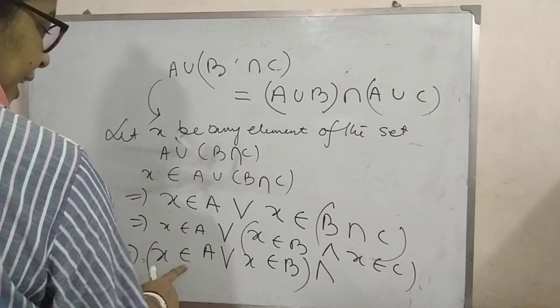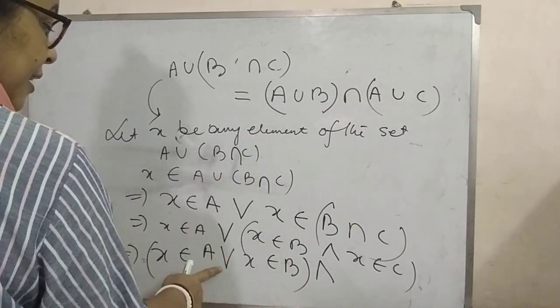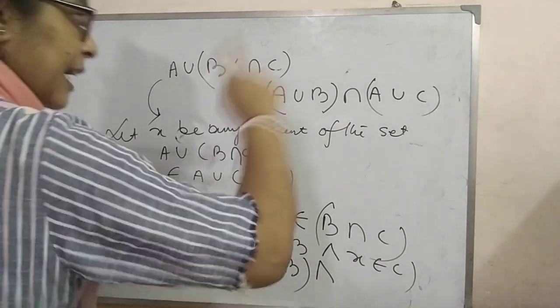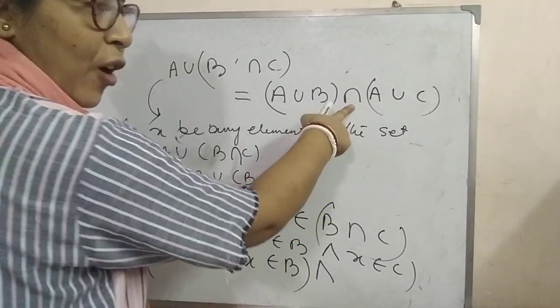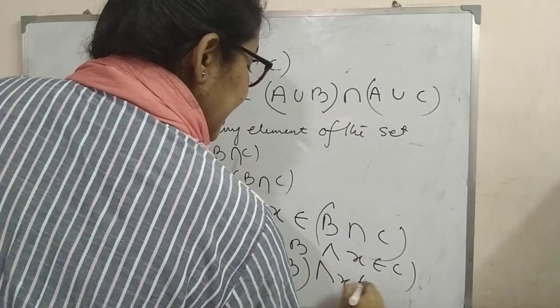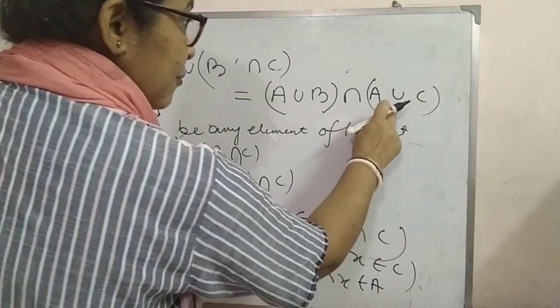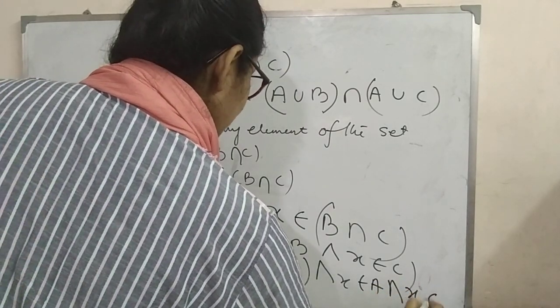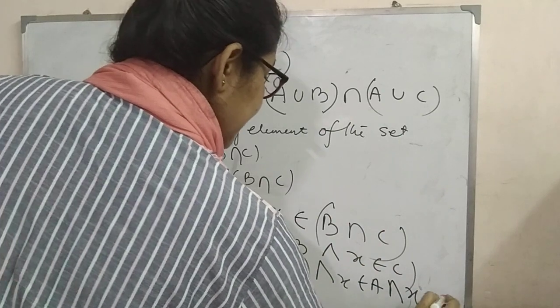X belongs to A union, that means or, X belongs to B. Next, for this and X belongs to A, for this and X belongs to C.